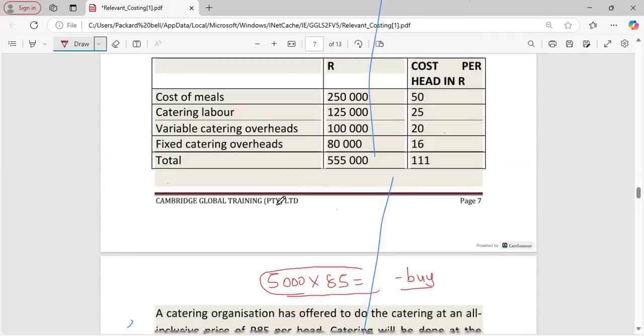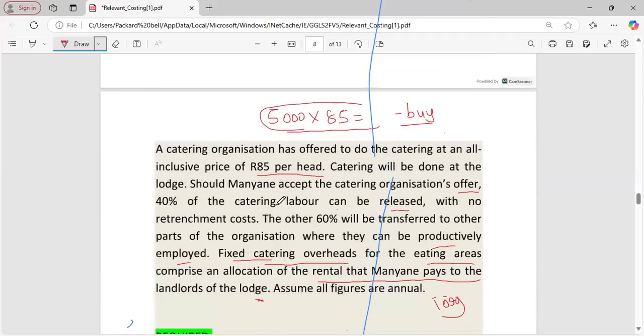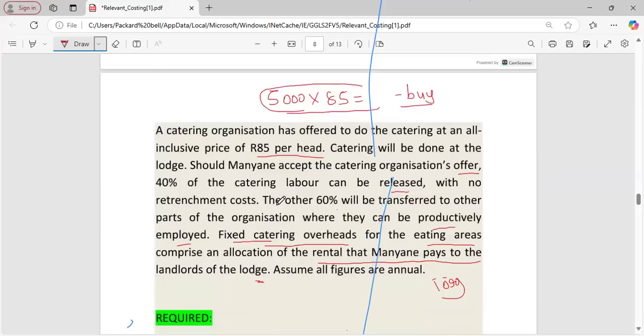But here, let's look at which labor is going to be relevant. They say catering will be done at the lodge. Should Mayane accept the catering organization's offer, 40% of the catering labor can be released with no retrenchment cost. The other 60% will be transferred to other parts of the organization where they can be productively employed.